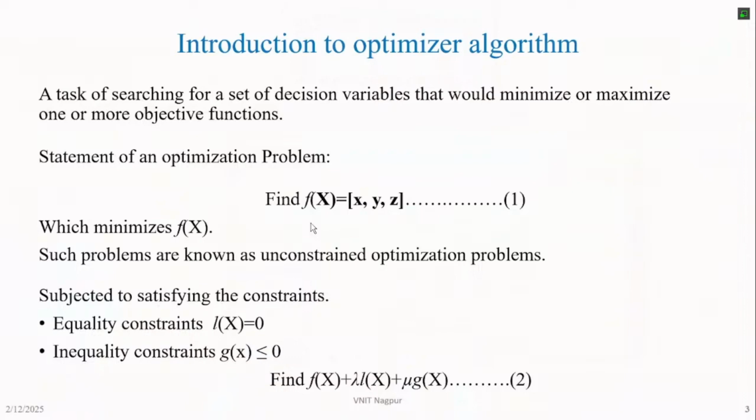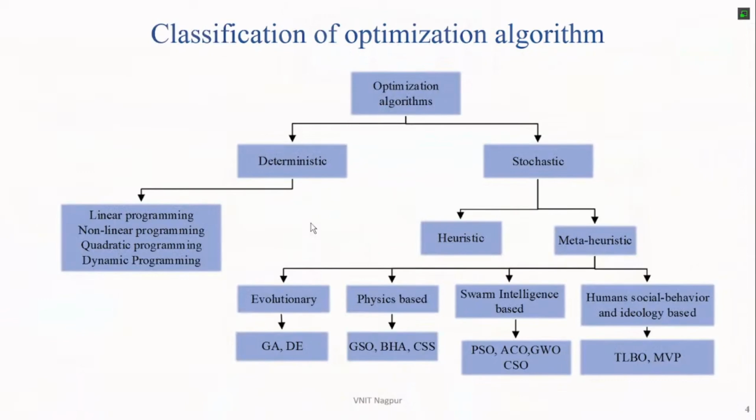Now if we move ahead, how can we actually calculate it? It depends on whether our decision variables are deterministic or stochastic in nature. Based on the variables, it can be segregated into two parts: deterministic variables and stochastic variables. Now for deterministic variables, we can solve the problem based on the nature of the problem.